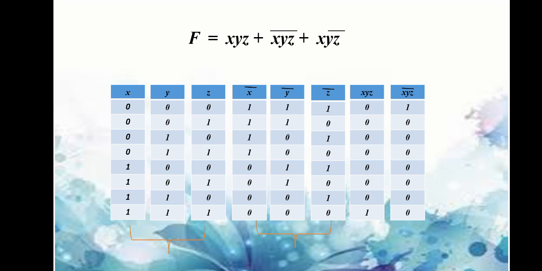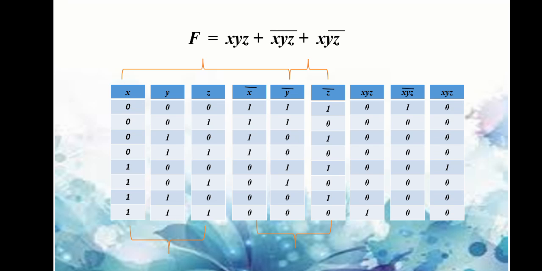After x NOT, y NOT and z NOT, the third expression is x, y NOT, z NOT. Focusing on the column of x, y NOT and z NOT, in the first row the three inputs are not all 1, so it will give you 0. In the second row, 0, 1, 0, again 0.